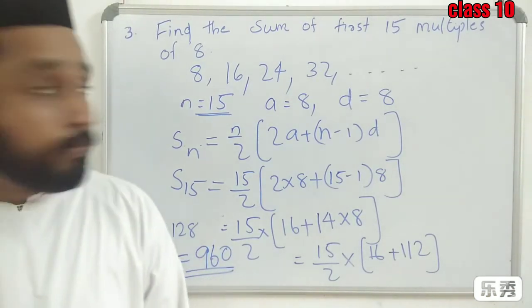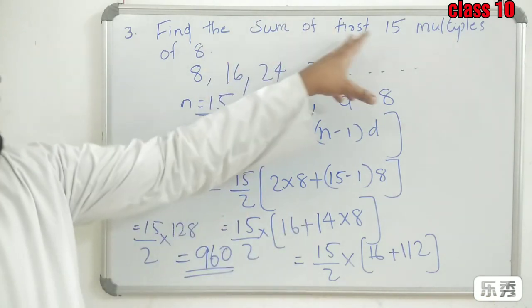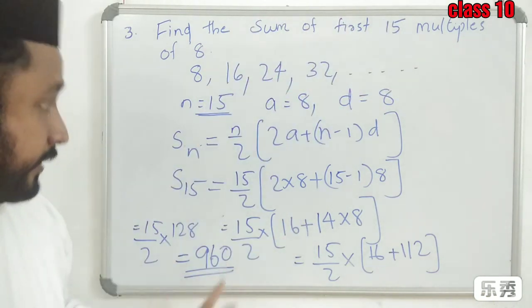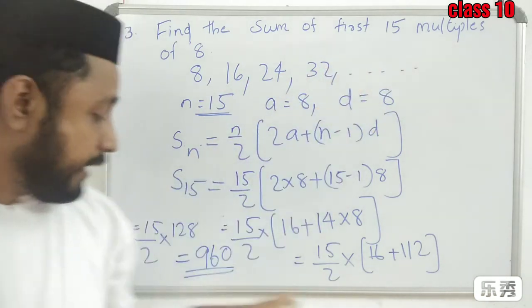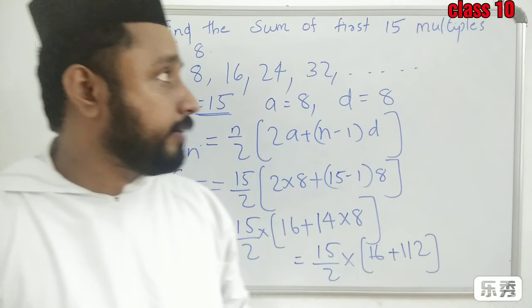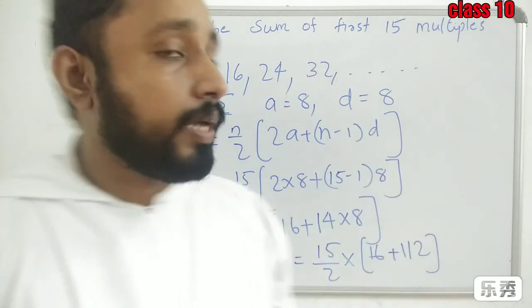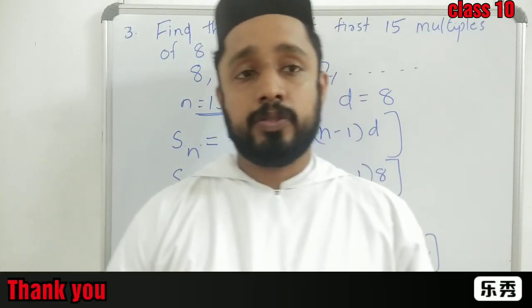So the sum of the first 15 multiples of 8, that is 8, 16, 24, 32 up to 15 terms, is 960. So we have studied how to find the sum of the first 15 multiples of 8.